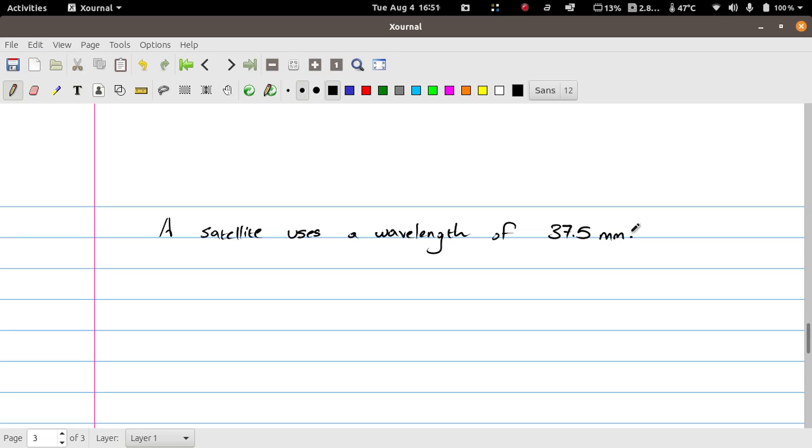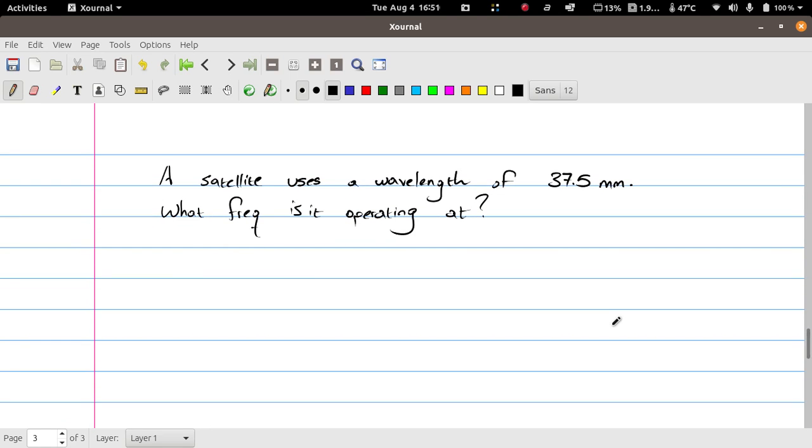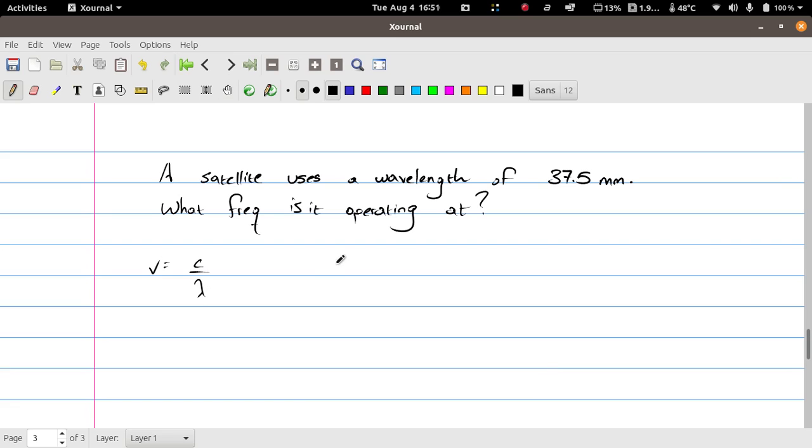What frequency is it operating at? So, first thing I would advise you to do when you are setting these up is, one, write the formula down. Make your life a whole lot easier. And then two, write down your constant.